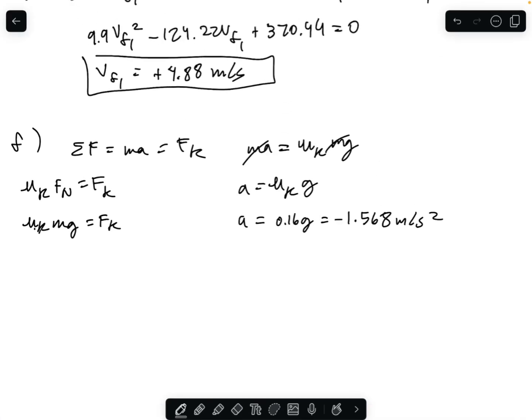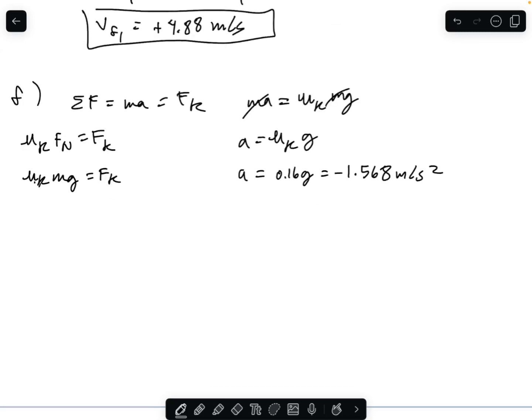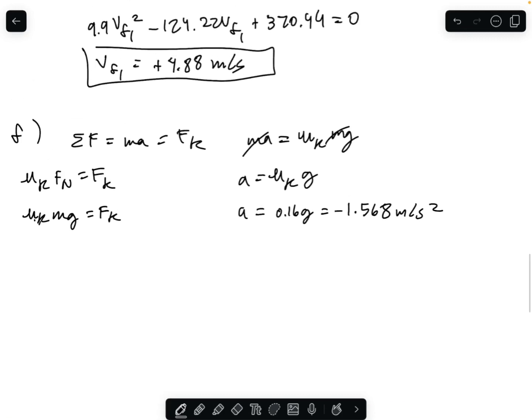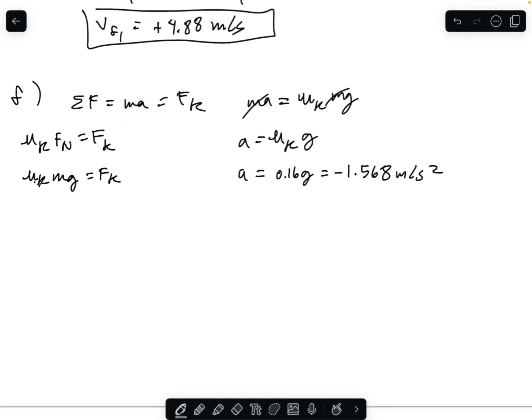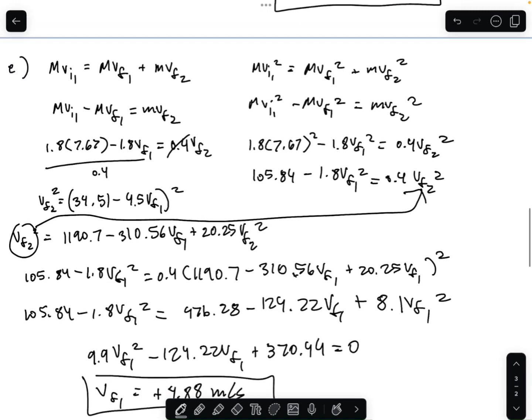And then after I find acceleration, I can use that to find the final velocity. Oh, wait. Yeah. So after I find acceleration, I'm going to find the final velocity of the block after the collision. So to do that, I just plug back what I know for the final velocity I got for the sphere back into the conservation of momentum.